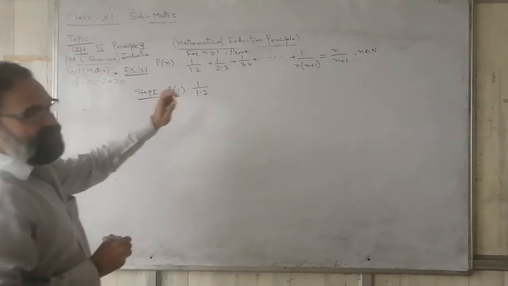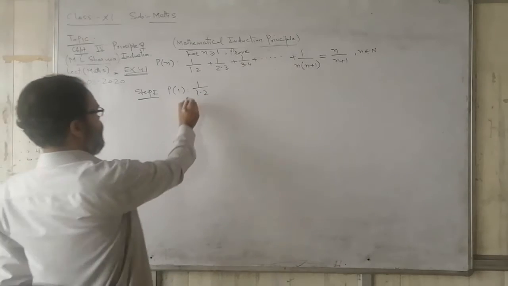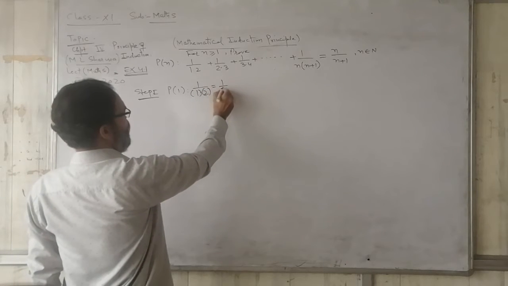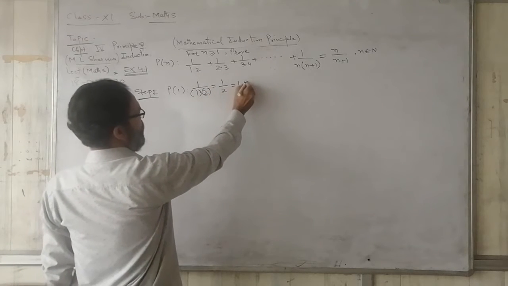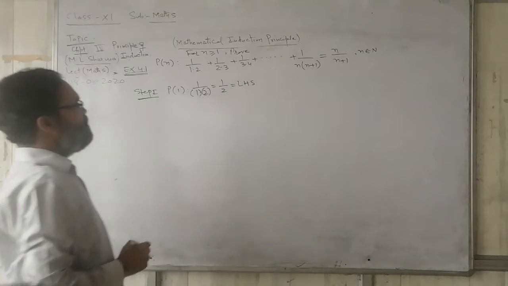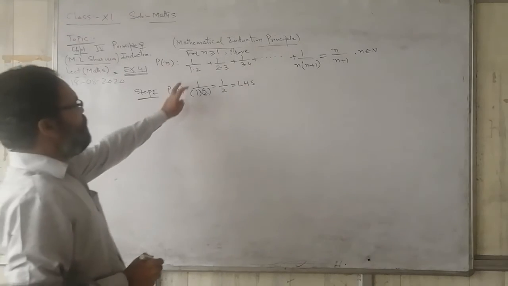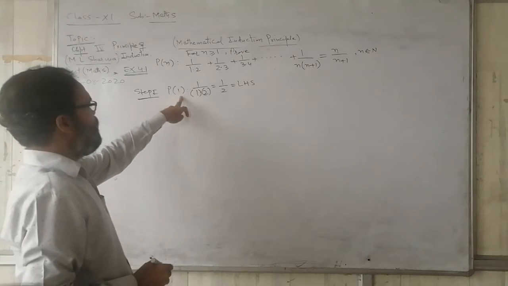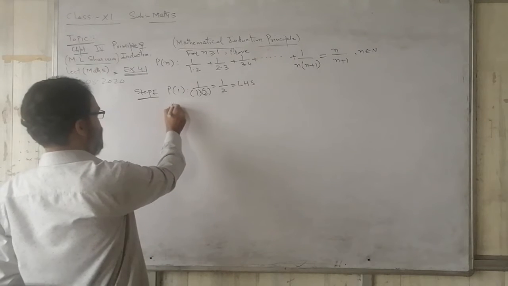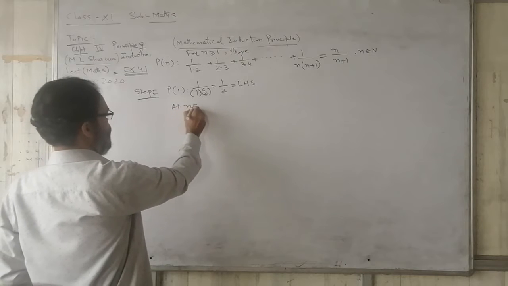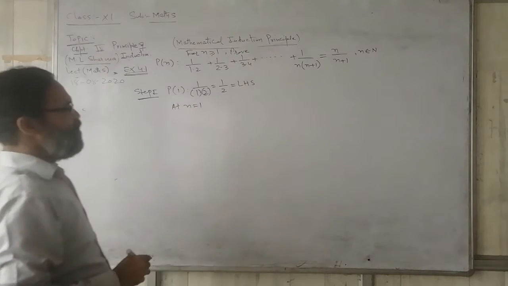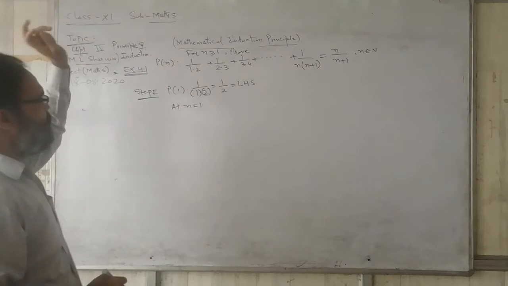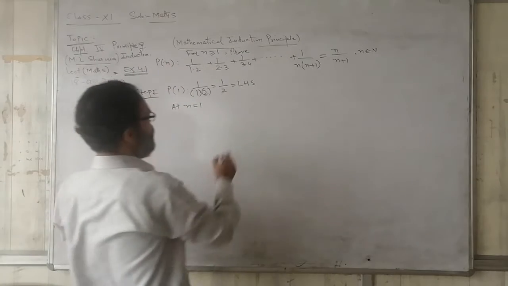This is not point, this is the multiplication sign. So this is 1 upon 2, and this is my left hand side, the left hand side of the given statement at n equal to 1.